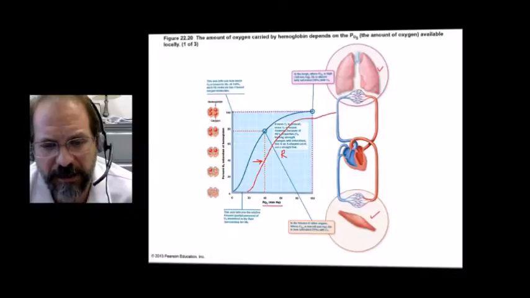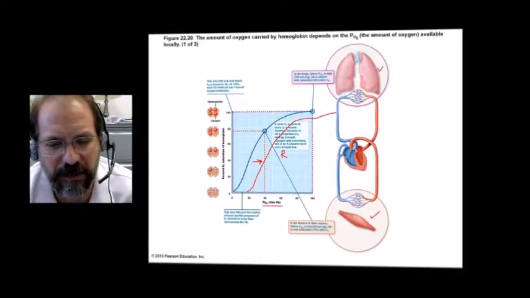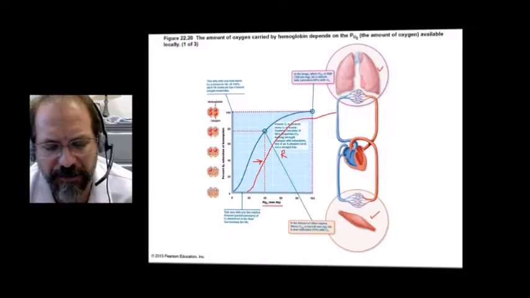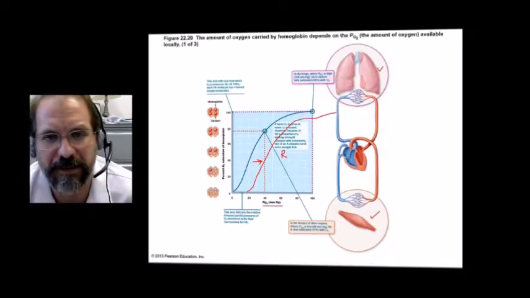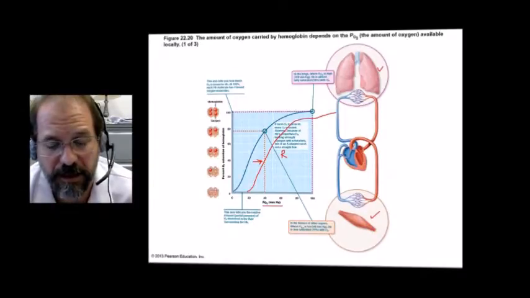All right, so with that in mind, let's think about some of the things we might expect to find in the tissue spaces, especially actively metabolizing tissues. What do you think about temperature? Temperature in actively metabolic tissue is going to be higher or lower than, say, in the alveolar space? Yeah, if you said higher, you'd be right.